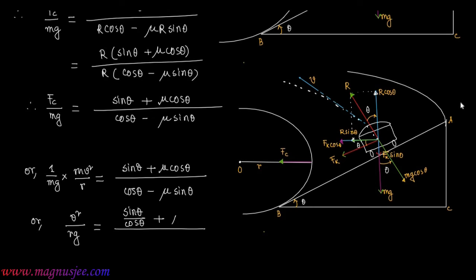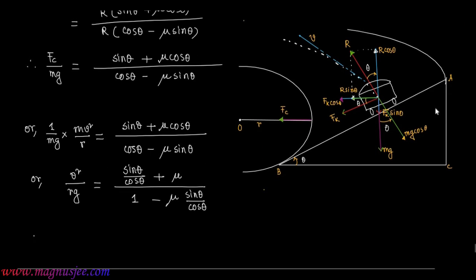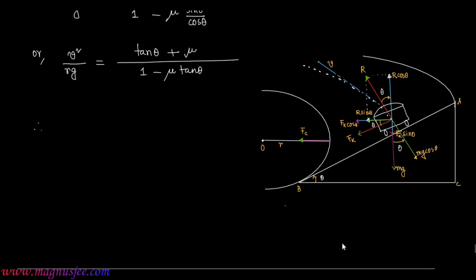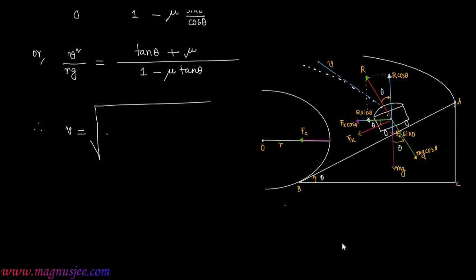Dividing all the terms by cos theta, we get sin theta by cos theta plus mu divided by 1 minus mu sin theta by cos theta. Or v square by rg will be equal to tan theta plus mu divided by 1 minus mu tan theta. Therefore, v will be equal to root over tan theta plus mu divided by 1 minus mu tan theta, bracket close, into rg.